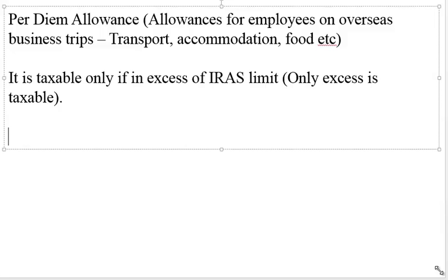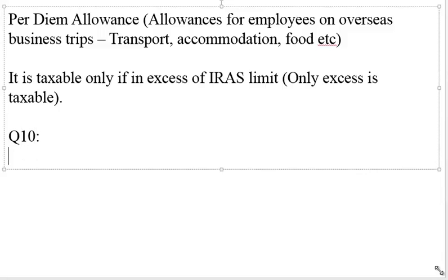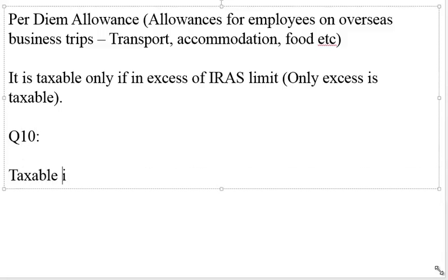How much is taxable? The excess, right? So excess is how much? Question number 10. Taxable income is equal to, you have to take the difference, 150 minus 128. For how many days? 5 days. 110.